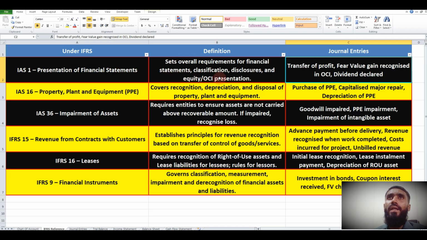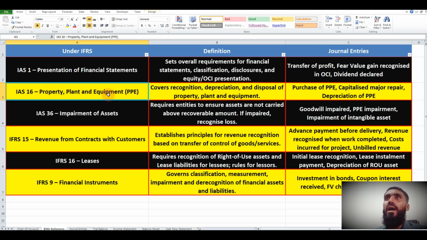All the entries related to this definition will move under the IAS 1 rule.